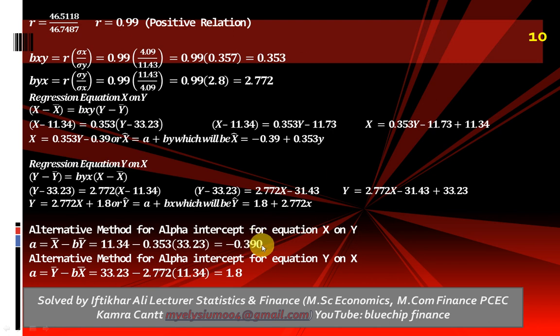So we can use this method alternatively. Similarly, we can calculate the intercept for regression equation y on x: alpha equals y bar minus beta x bar. After putting the values into this formula, the intercept for regression equation y on x is 1.8, and beta is also given here, so we can use this method too.